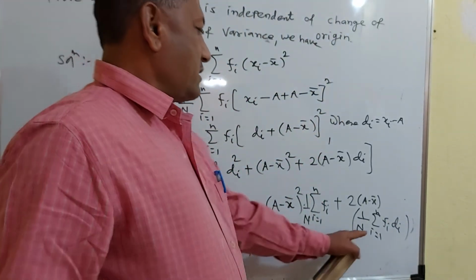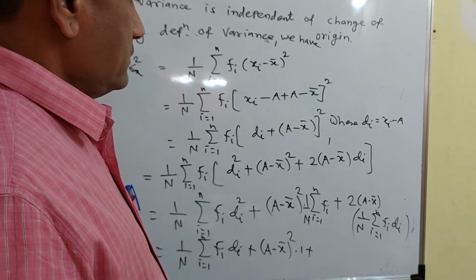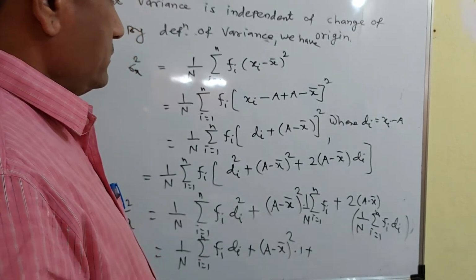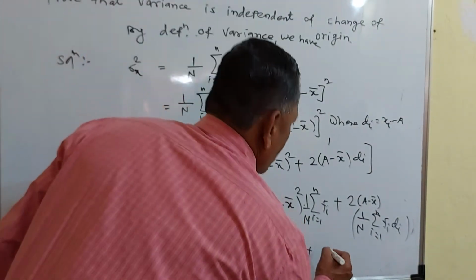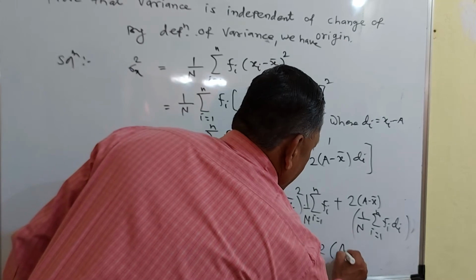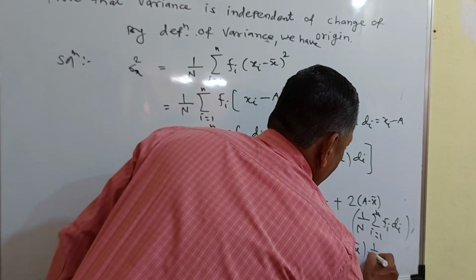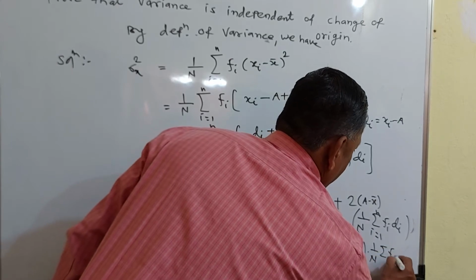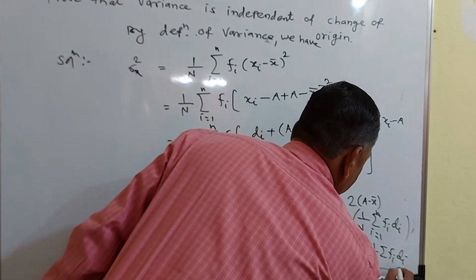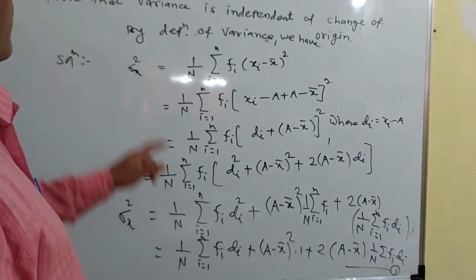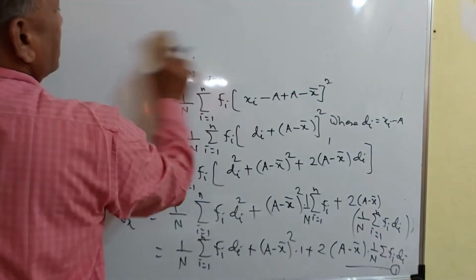What is the 1 upon n summation of fi di? So 2 into a minus x bar into 1 upon n summation of fi di. Suppose this is equation number 1. I will write the next step here.